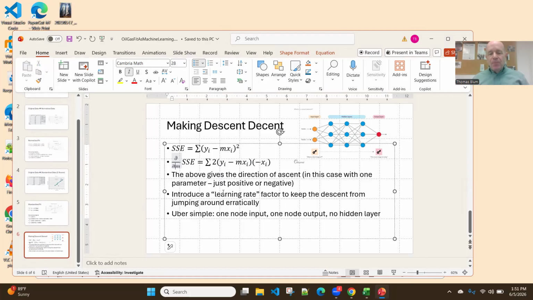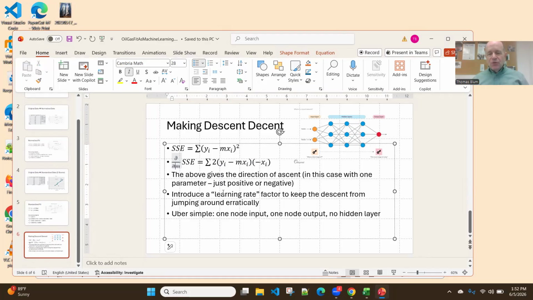Okay. But we're going to use this slope, this direction, if you're in a higher dimension, the gradient, to give us how to move, how to improve our model.